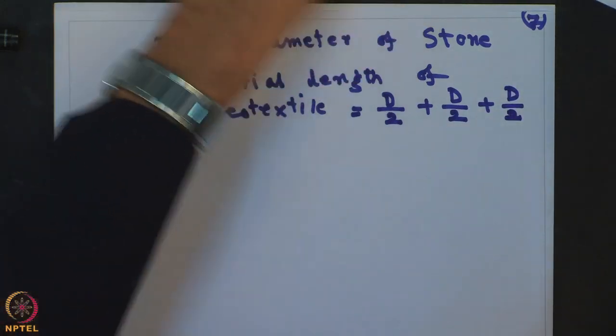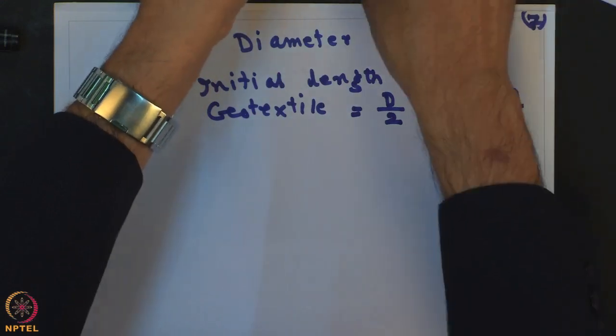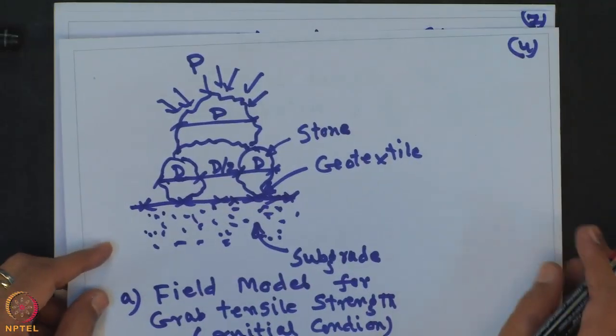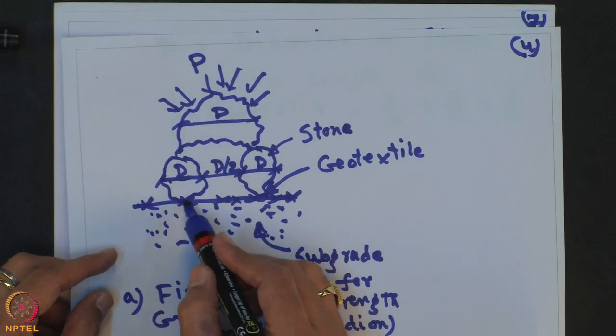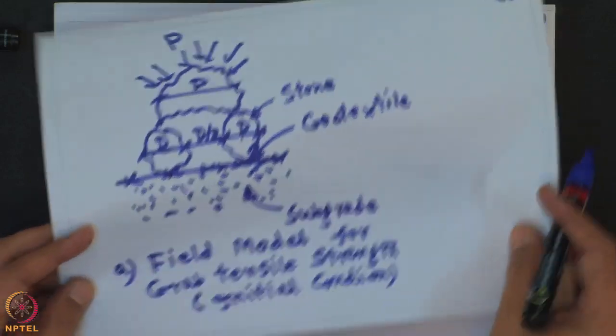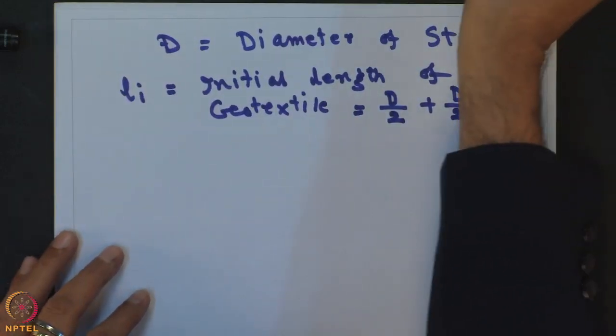If you look here, the initial length is D by 2, D by 2 and D by 2. So, that means 3D by 2.